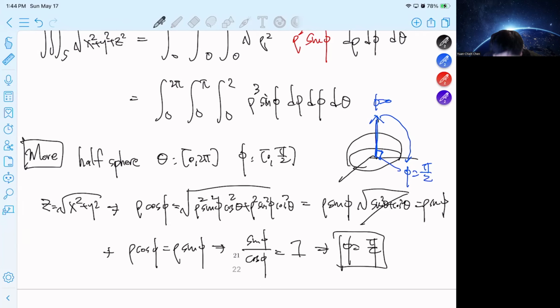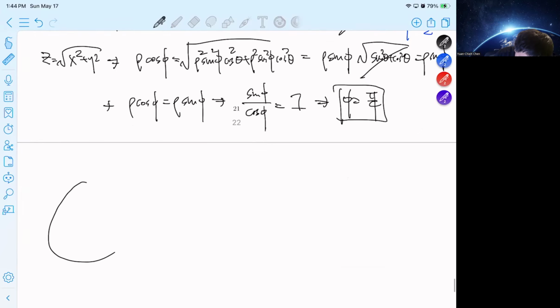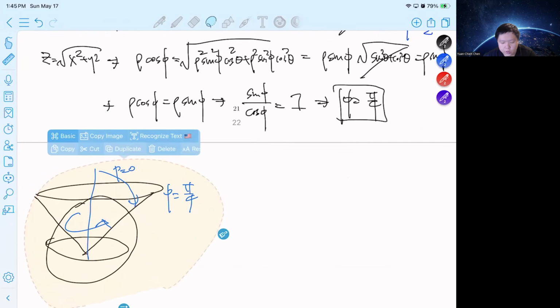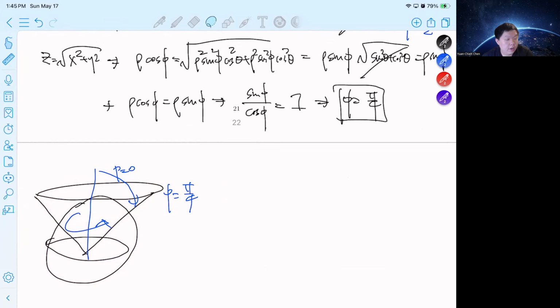Okay? This is also easy to see on a graph. For example, if you have a sphere like this, the cone looks like this, and you can see that this is my phi. It's phi from 0 going to phi equals pi over 4, and the rotation remains. Of course, you can solve it by this, but you can also see the graph like this. Basically you can make, for example, z equals k times x squared plus y squared.